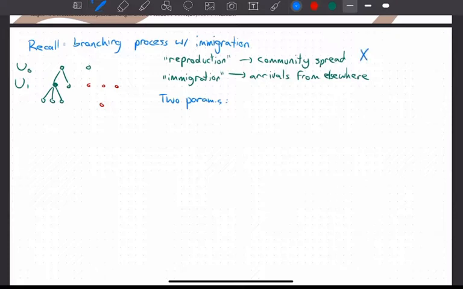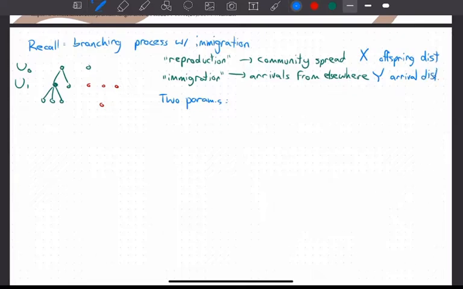X is the offspring distribution, the random number of people that each infected individual in turn infects, and Y is what we could call an arrival distribution.